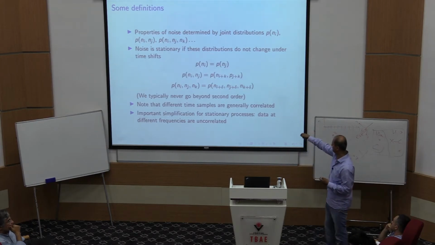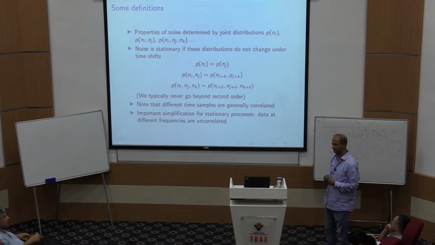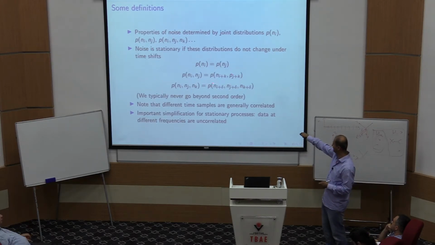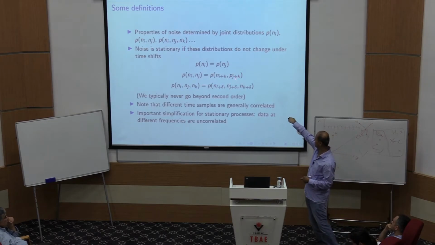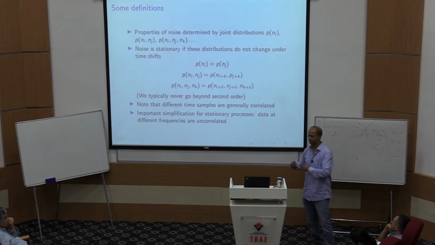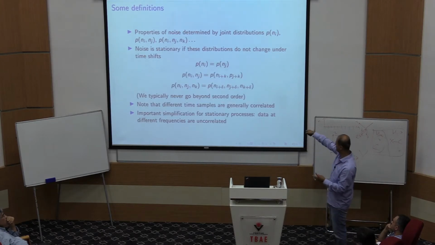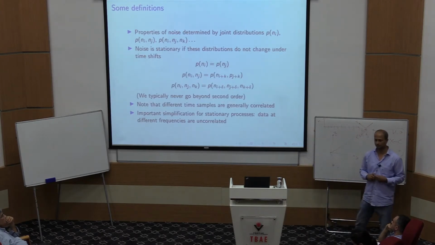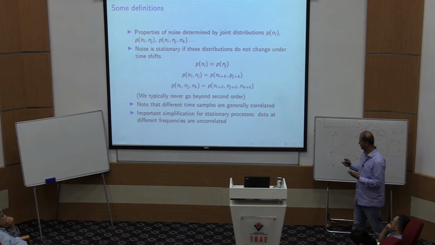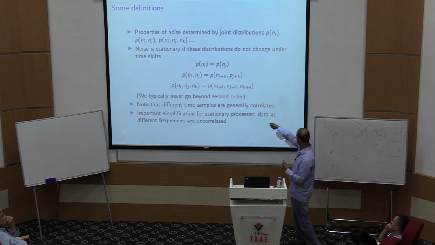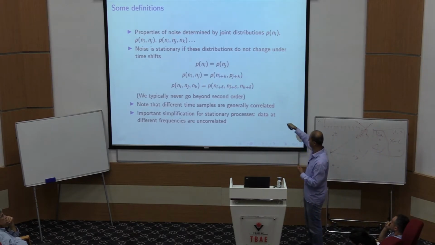In other words, if I look at Ni and Nj, they should be the same. Secondly, if I shift both i and j by the same amount, I should get the same distribution again. And the same applies to any of the higher order distributions. We typically never go beyond the second order, so this is all that you really have to care about.